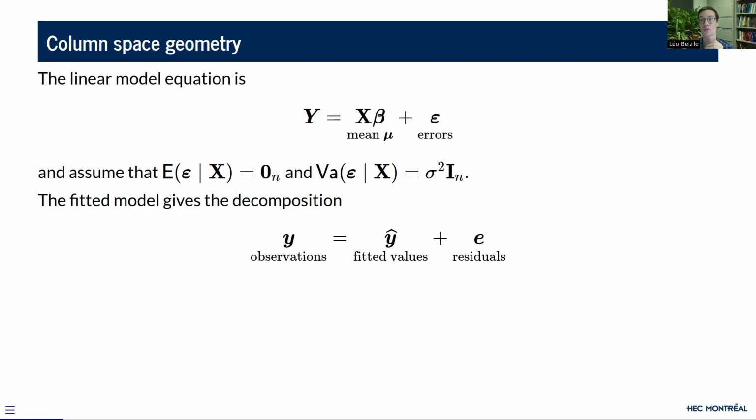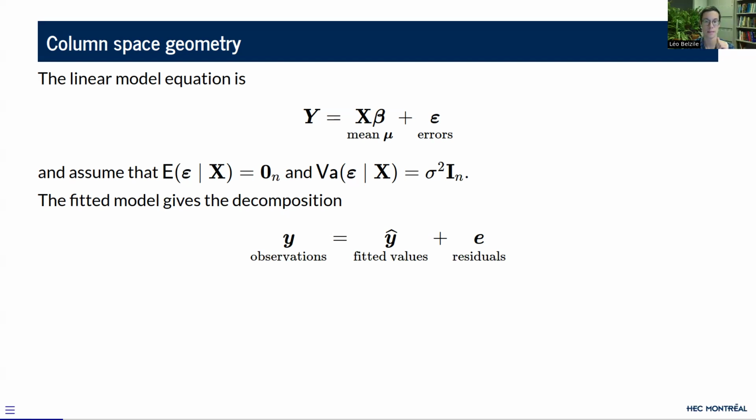So what I can hope to retrieve is not the errors, but rather estimate the parameters and try to retrieve some sort of ersatz of these. So I'll have a decomposition in terms of observation equals fitted value plus residuals. The fitted value is x times beta hat. So I go in the equation above, I replace beta by beta hat, and then I define the residual as observation minus the fitted value.